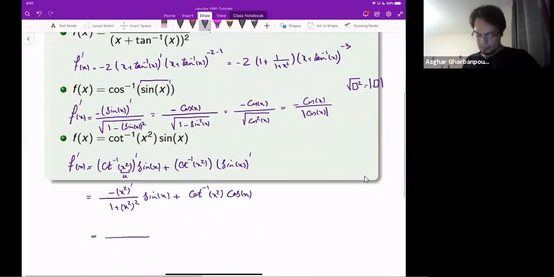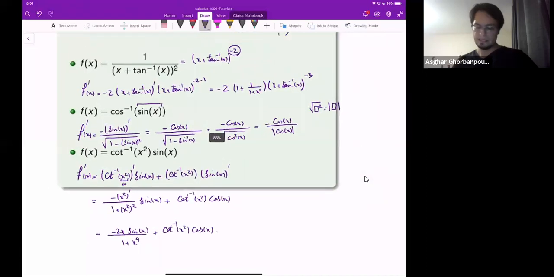And this will give me minus 2x sine x over 1 plus x squared, the squared is x to the power 4, plus cotan inverse x squared times cosine x. And that is the derivative of the last function.